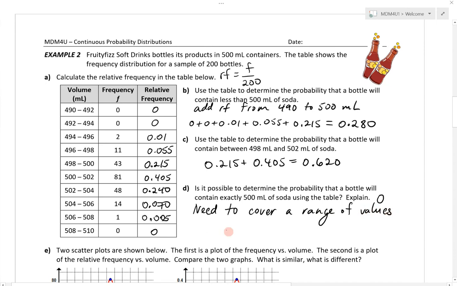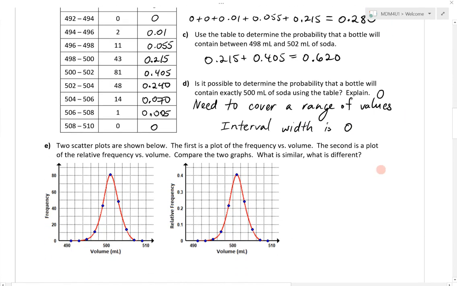If you just took one single 500 milliliter bottle without a range, then your interval width is 0. And when your interval width is 0, then you cannot find the area under the curve. So it doesn't work.